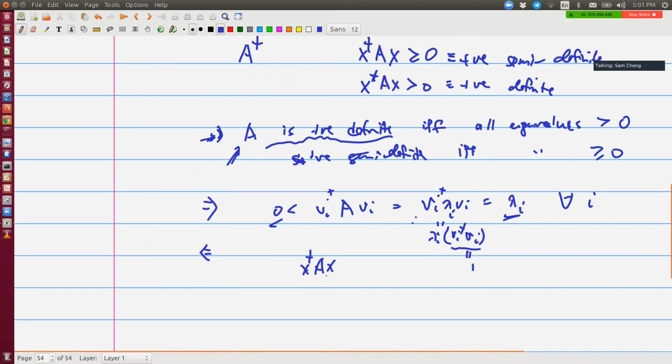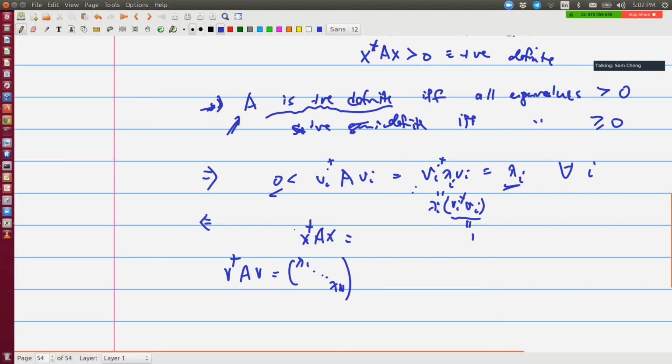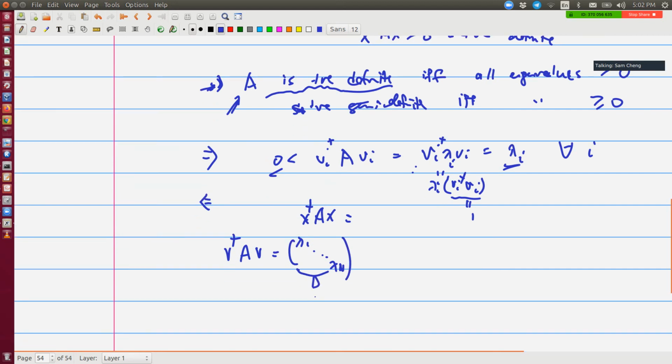Because A is Hermitian, it is diagonalizable, so V Hermitian A V is equal to a diagonal matrix with lambda 1 to lambda n, which I call D. Therefore A is equal to V D V Hermitian.